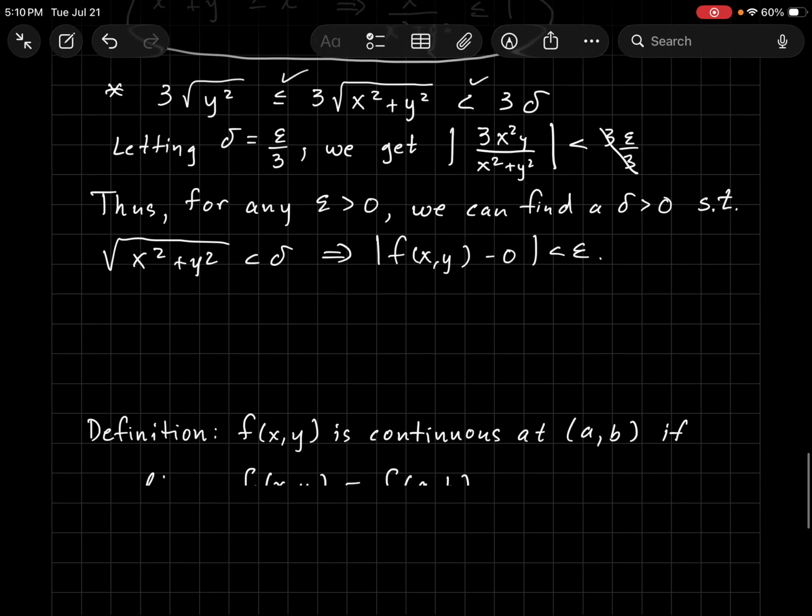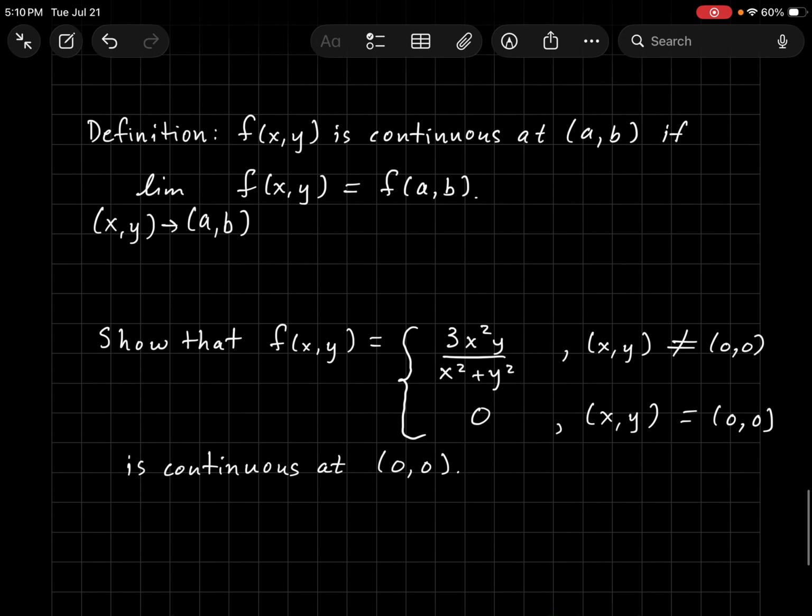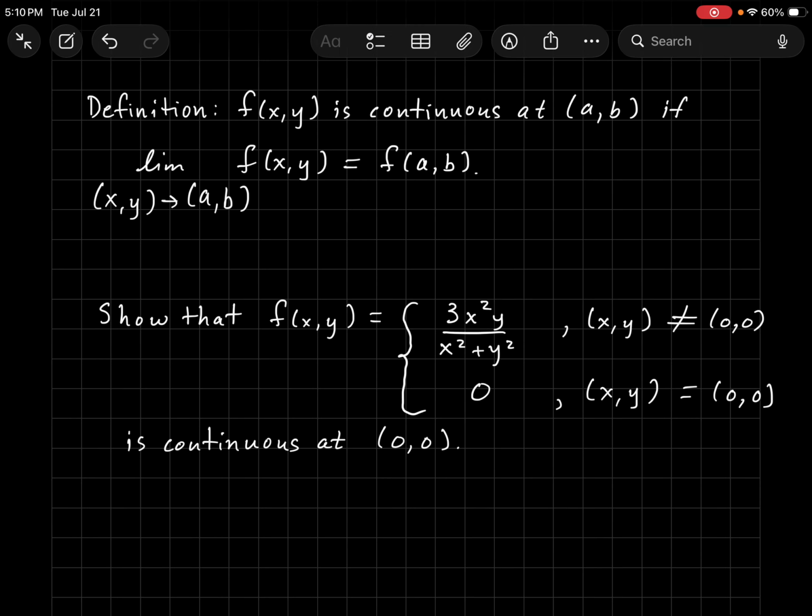But let's do continuity just really quickly, because if you understand limits, you'll understand continuity. So the definition of continuity we're going to use is f of xy is continuous at a point AB if the limit as xy goes to AB of f of xy equals the actual function value at AB.